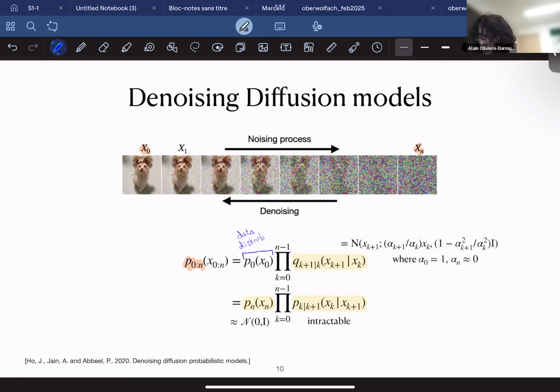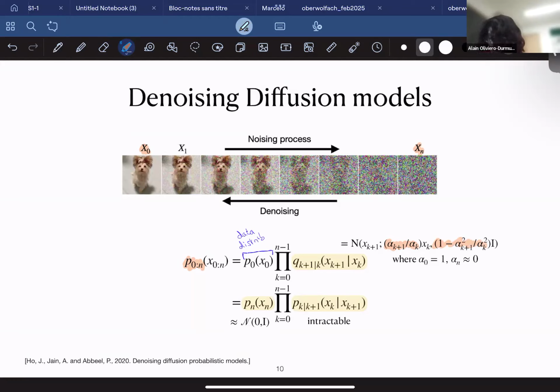process. All in all, what is important is the parameterization of my transition: the mean at step k is alpha k plus 1 divided by alpha k times xk, and the variance is 1 minus alpha k plus 1 squared divided by alpha k squared, times the identity.